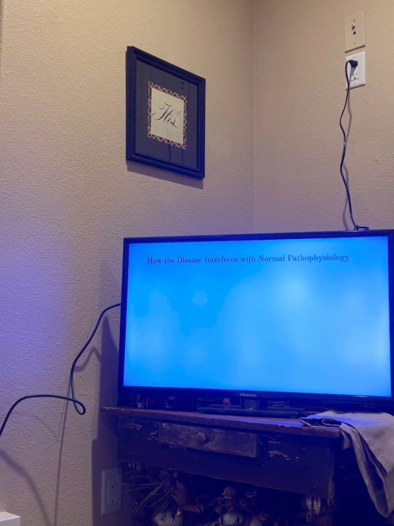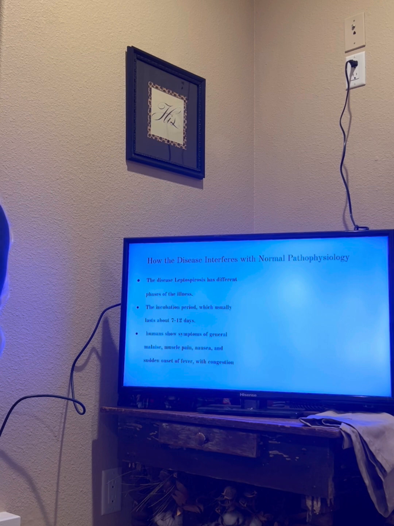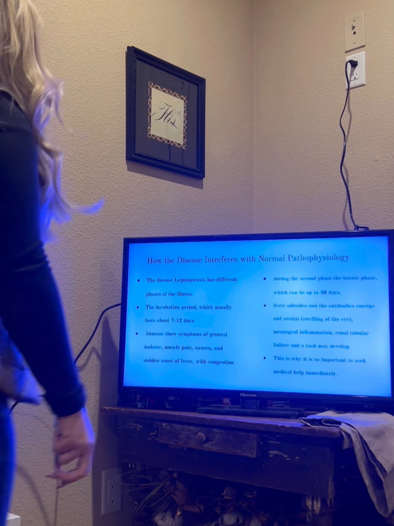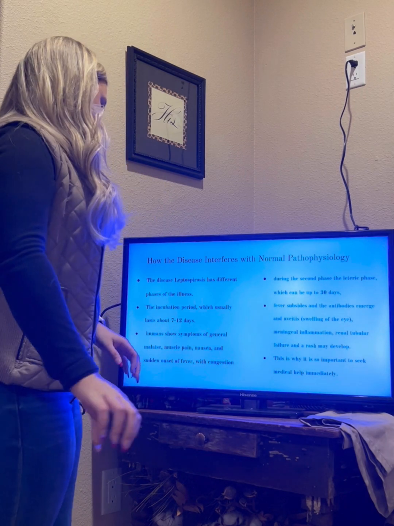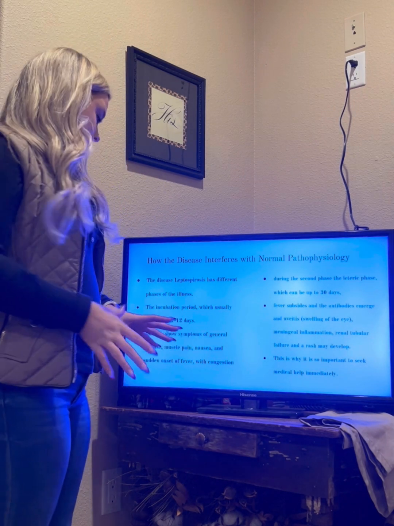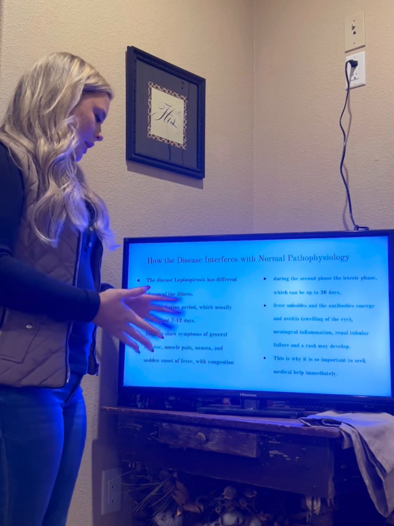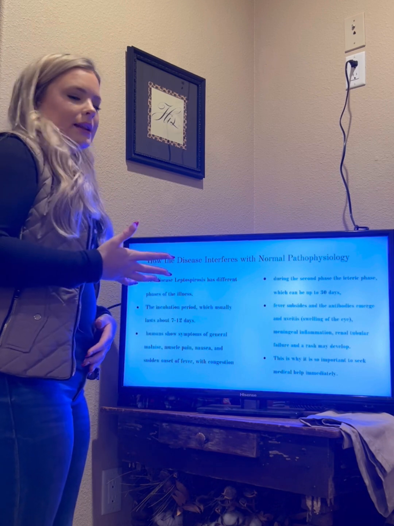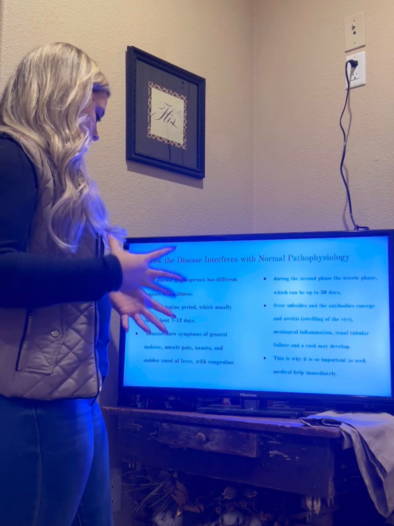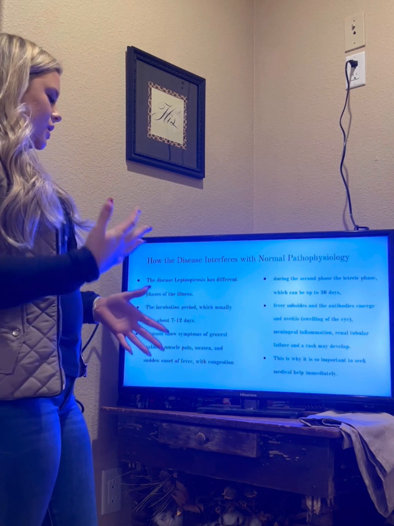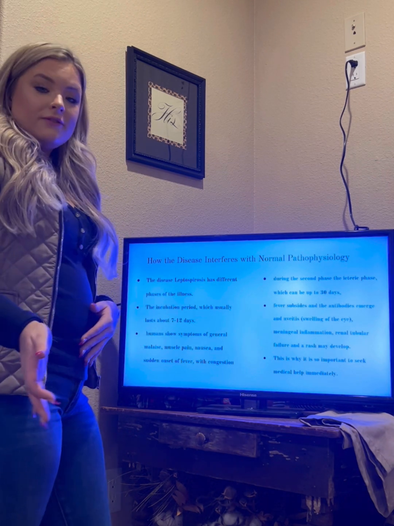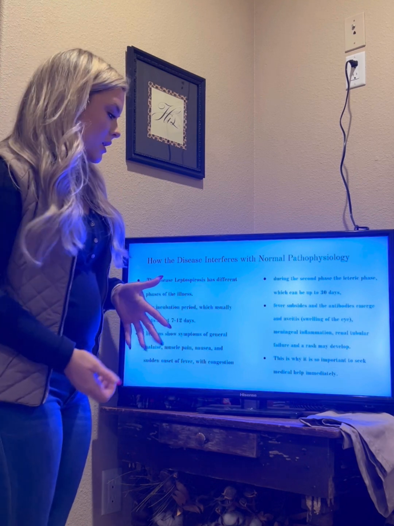How the disease interferes with normal pathophysiology. The disease leptospirosis has different phases of illness. First is the incubation period, which usually lasts about 7 to 12 days. Humans show signs of general malaise, muscle pain, nausea, and sudden onset of fever with congestion.